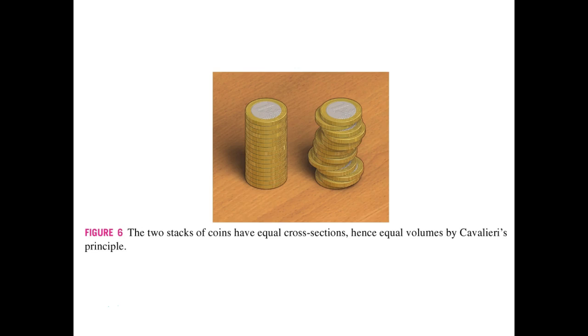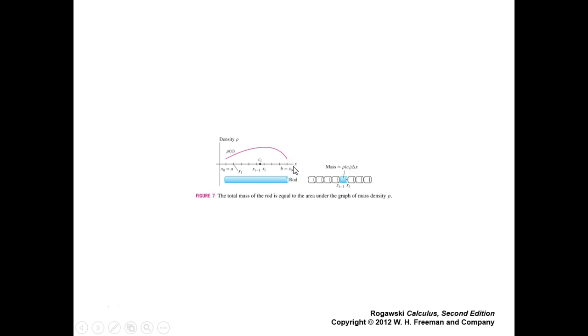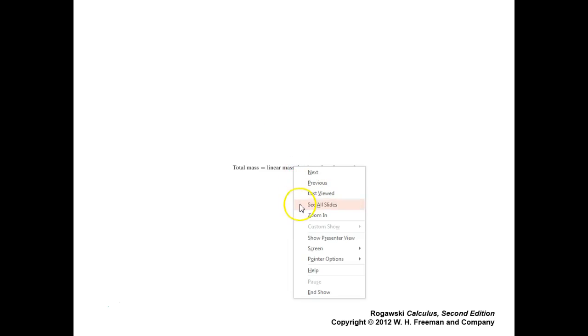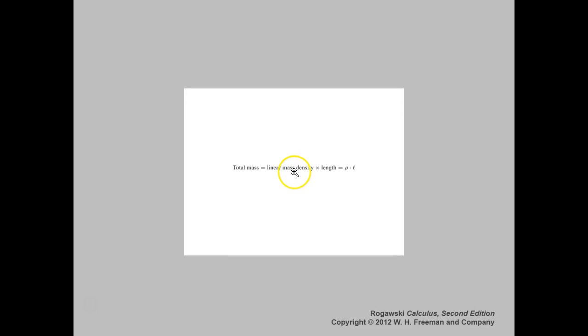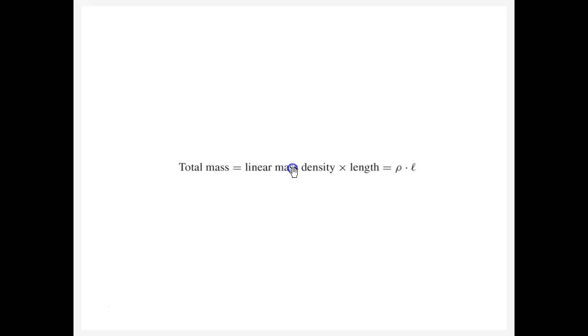So let's go on to the next topic, and this is density. Being also a physicist, I really don't like their approach to this all that well, but it's fine.